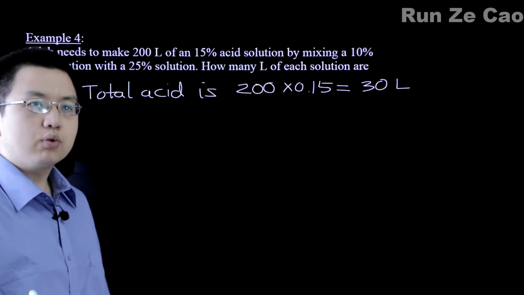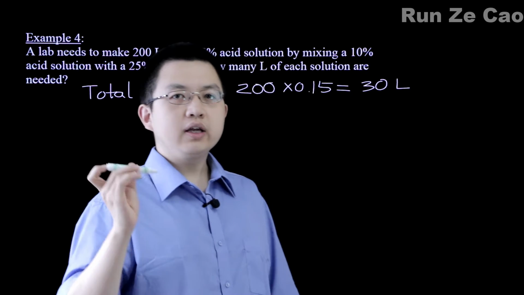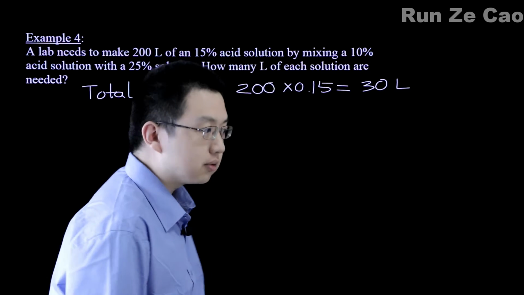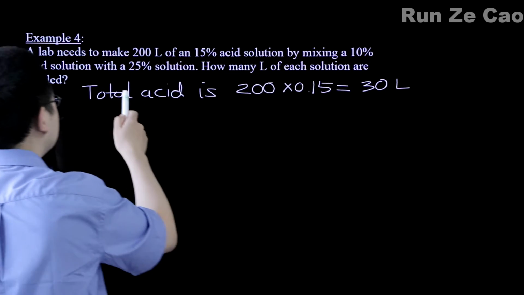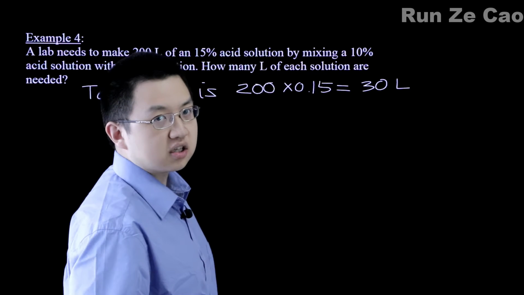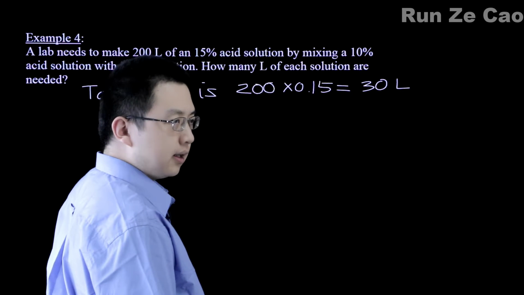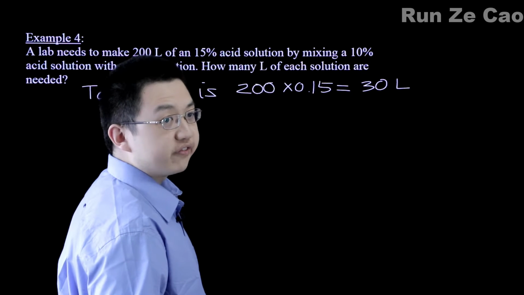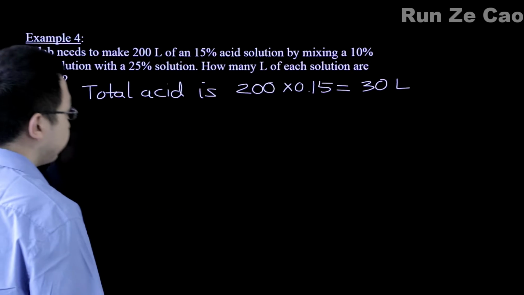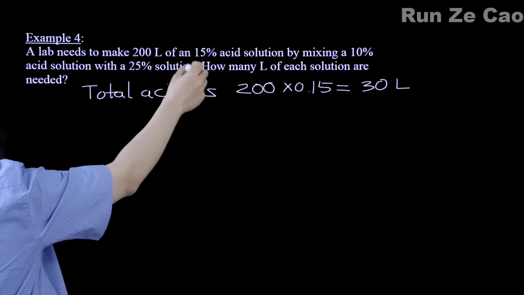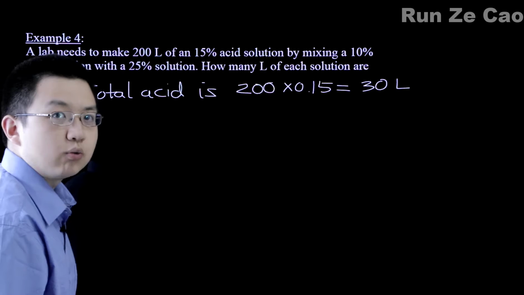Now, here we make a very, very chemically speaking inappropriate assumption in that we assume when you mix the 25% and the 10% that the volumes just add together. Chemically speaking, that's a little bit off, to say the least. But for mathematical purposes, we can assume these are volume, which means that they wouldn't be off.